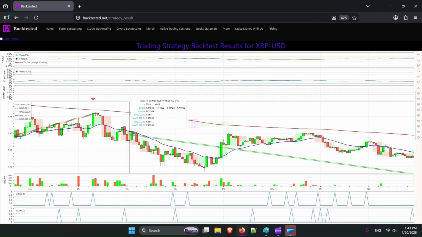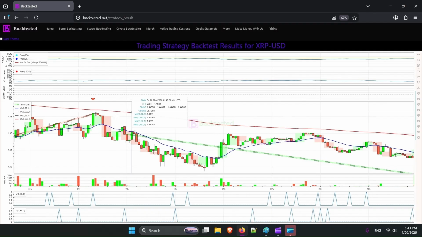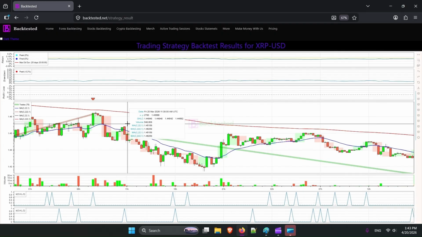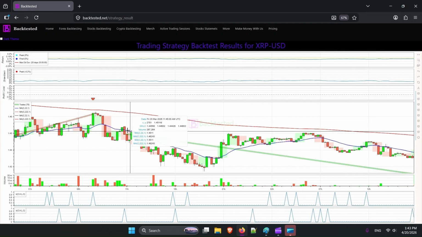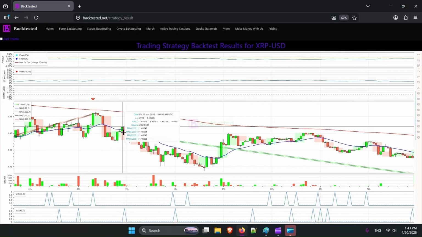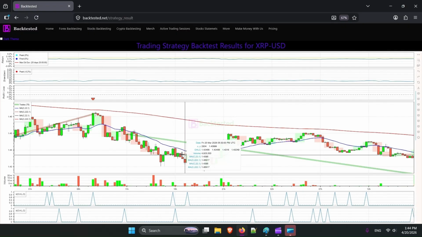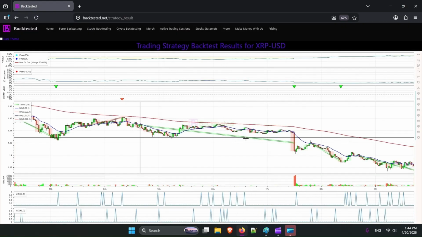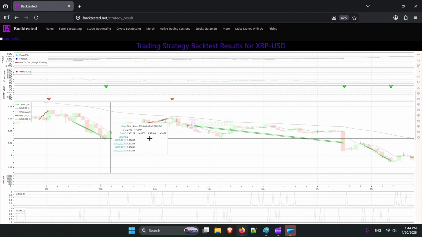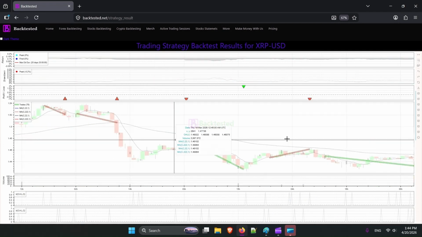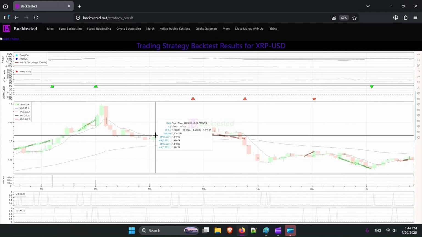The red one is the slow EMA 222. So as you can see here, after the bearish engulfing, we entered the sell position. Now we will look for the buy setup.